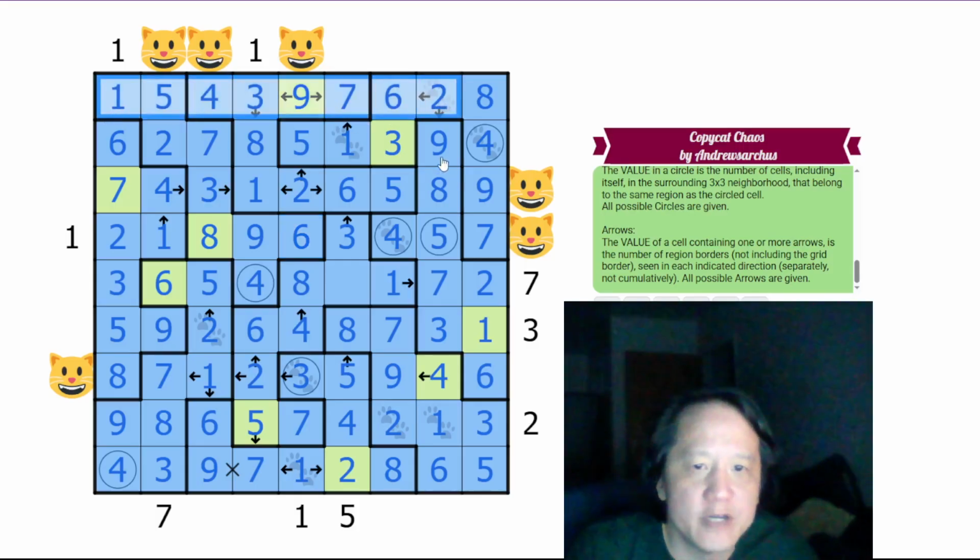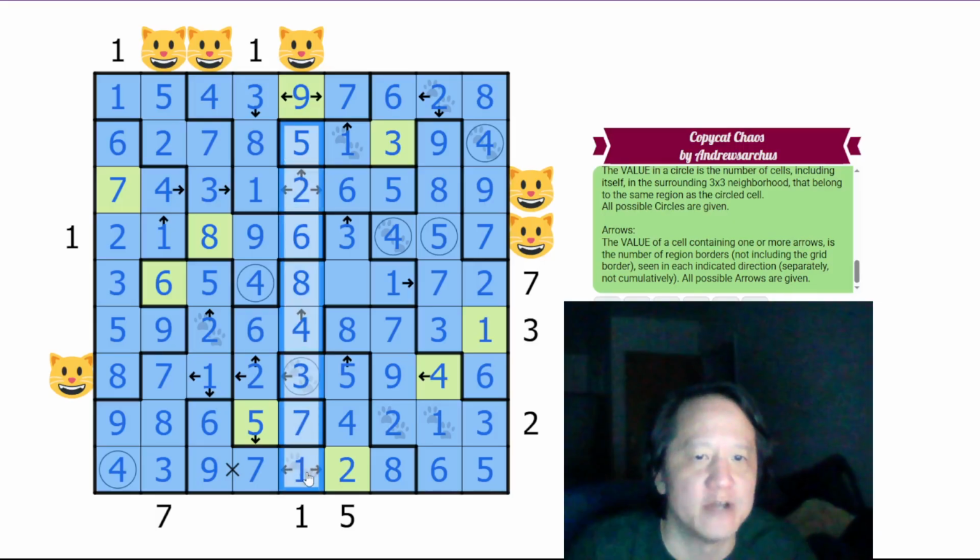2 sees 2 boundaries there, 1, 2 boundaries there. That satisfies the arrows. This is 8, that's too big. 2, we have 1, 2, 3, that's already too many. 1 this way, 0. 1, 2, 3, 4, too many. 5 sees 1 that way, 1, 2, 3 that way, 1, 2 that way. 1, 2, 3, 4, 5, 6 boundaries, so that doesn't work there.